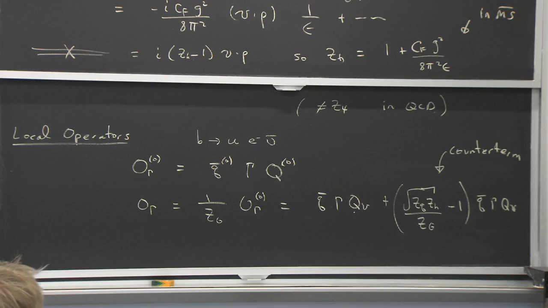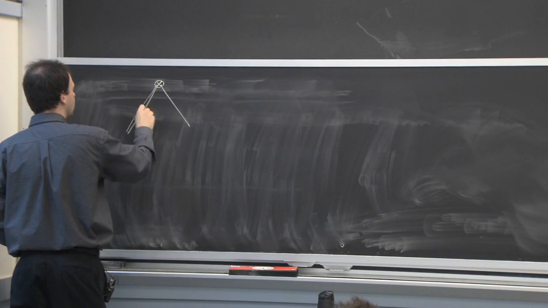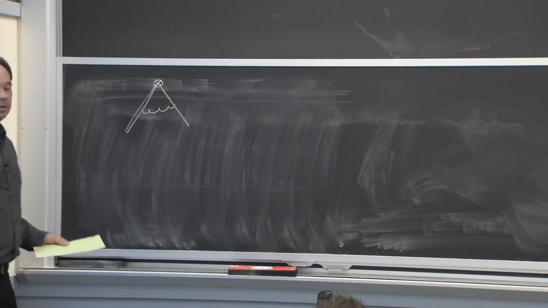Okay, so to renormalize this operator at one loop, we insert it, and we do a one-loop diagram. I'm just going to tell you the answers. But let's draw the diagram. So here's the operator inserted. Here's your heavy quark. Here's your light quark. You have a diagram like that.